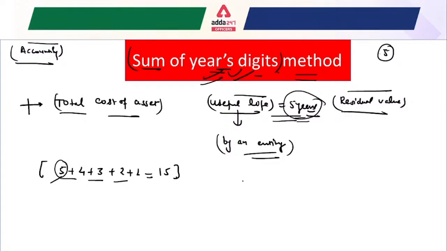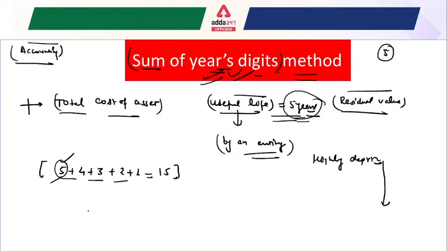So the company represents its asset as highly depreciated for the first year, and after that it gradually decreases. So this is the series, and it starts from the 5.